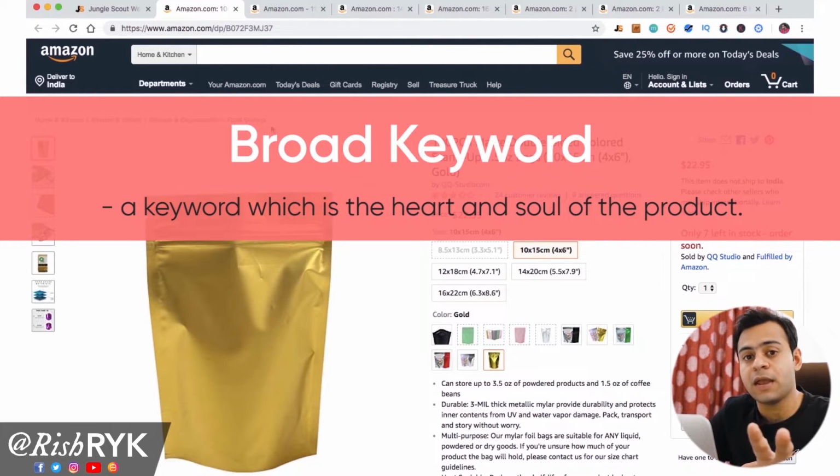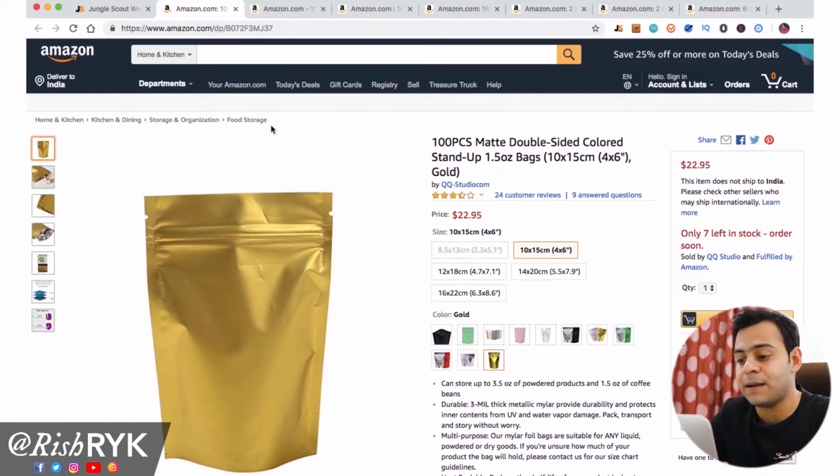For example, let's take our first product as the example. The name that you can see over here is 100 pieces matte double-sided colored stand-up bag, right? So I believe the broadest keyword is the most generic keyword that this product has, by removing all of the attributes that they have put in the title.